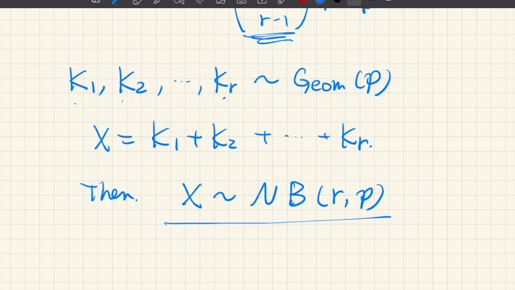So we have seen the probability generating function for geometric distribution, right?